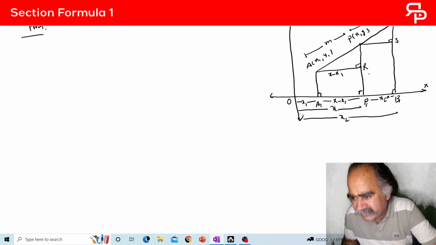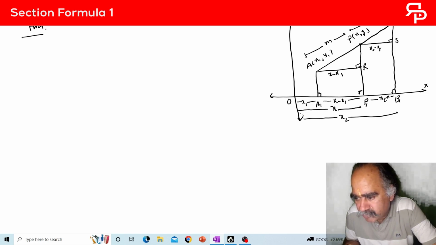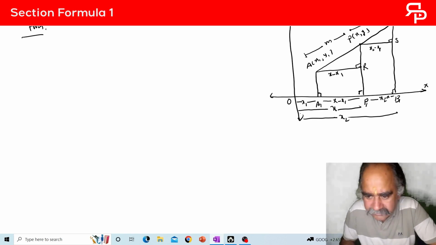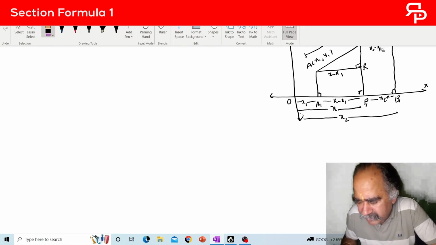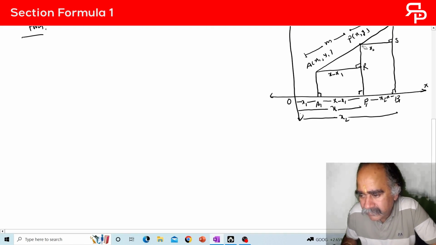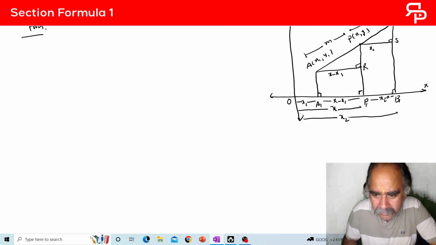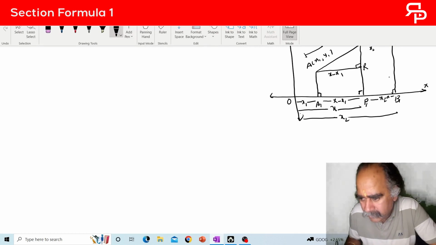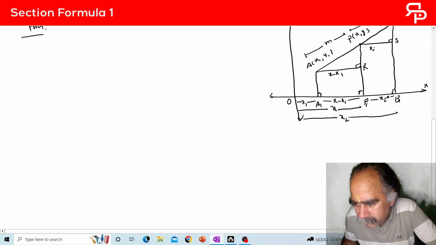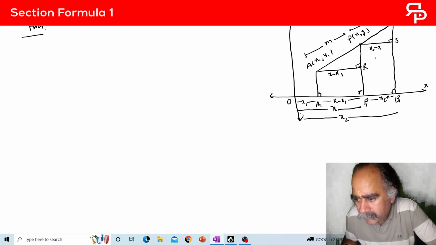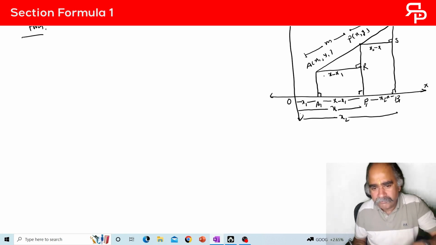So if length P1B1 is x2 minus x, length PS will be x2 minus x. Sorry, I said x1 earlier, it is x2 minus x. Now we'll start the proof.